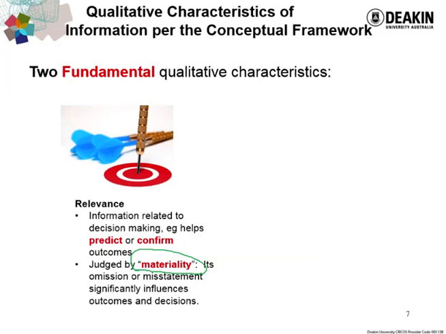It is an entity-specific concept, meaning it is a firm-specific concept. What is material to one entity may not be material to another entity, because companies operate in different industries, at different sizes, and encounter different business scenarios, and therefore materiality is a firm-specific concept.